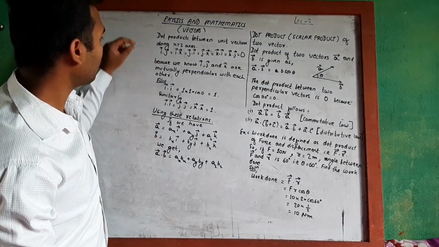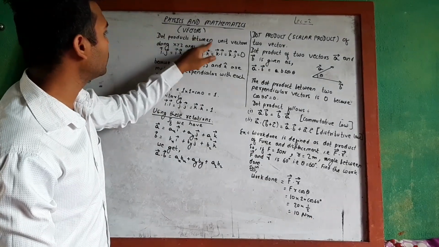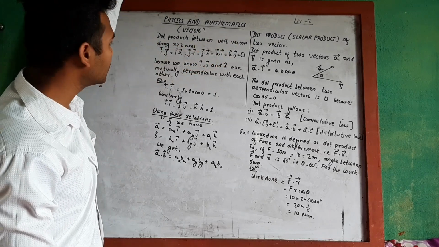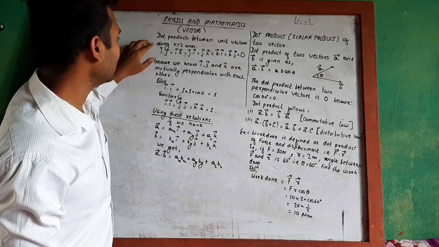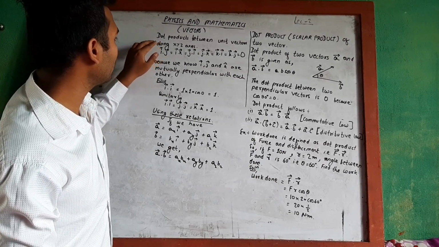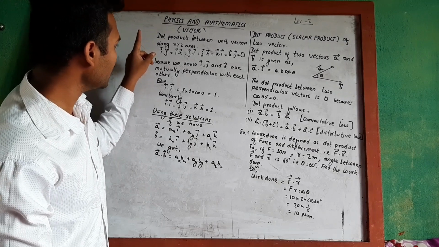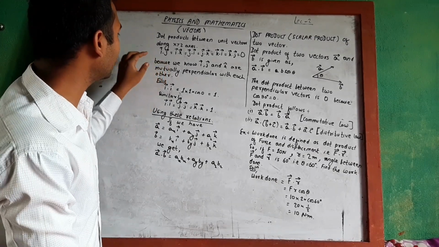Okay, now let's come here. Dot products between unit vectors along the x, y and z axes. We have already considered that the unit vectors along the x, y and z axes are i vector, j vector and k vector respectively.